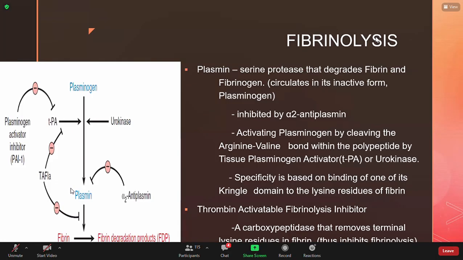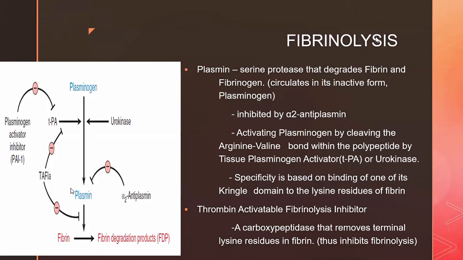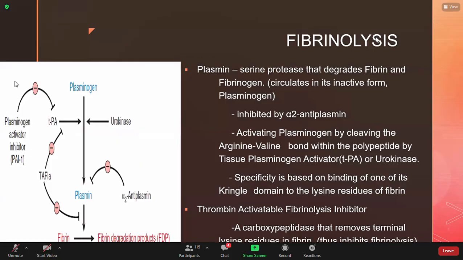Specificity is based on binding of one of its Kringle domain to the lysine residues of the fibrin. Again, na-mention to kanina, specificity is based on the Kringle domain. Kringle is a Scandinavian pastry na kanina parang heart shape lang yan sila ng mga pastry. Search nyo lang sa internet yung shape niya. Pero please take note, the specificity is based on the Kringle domain.